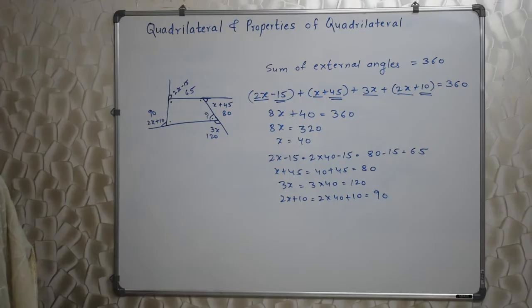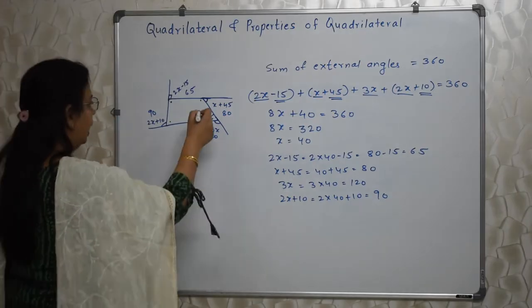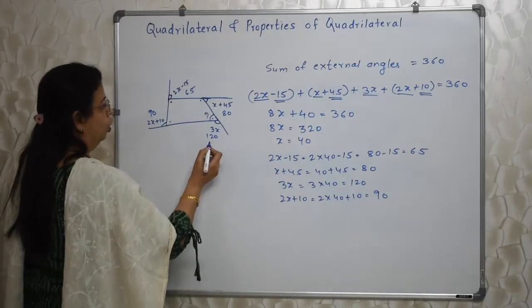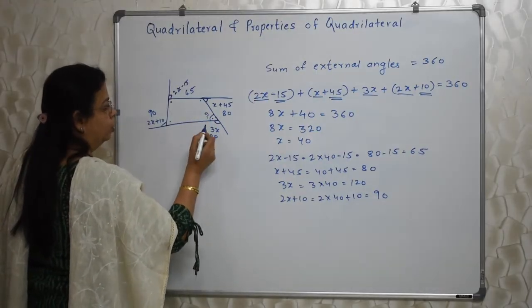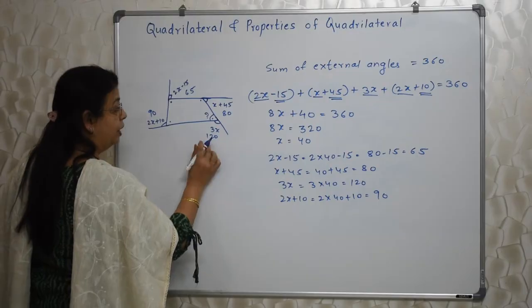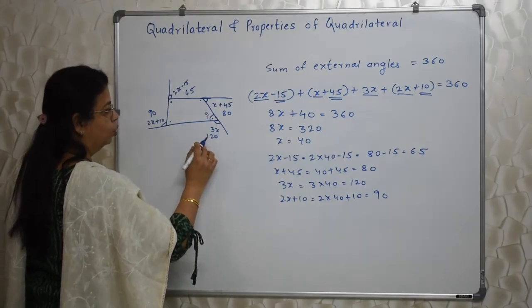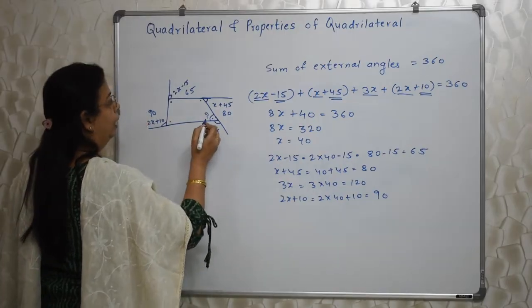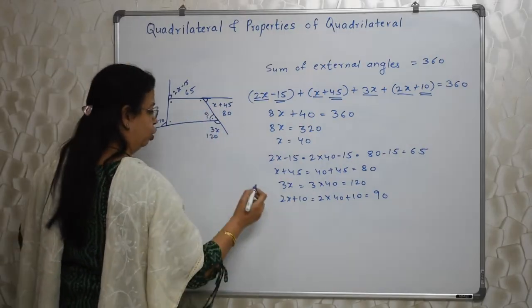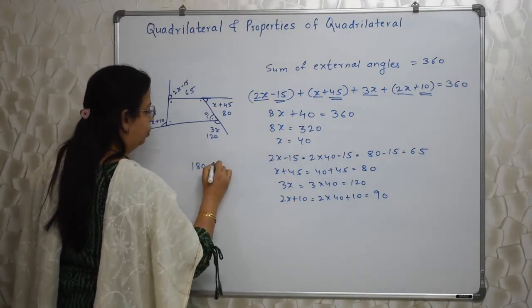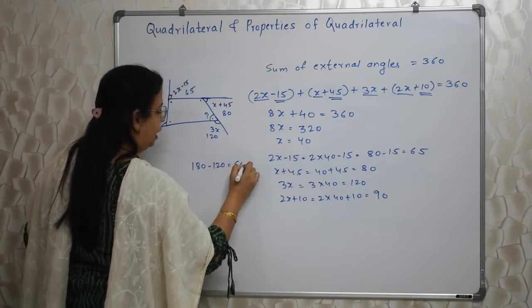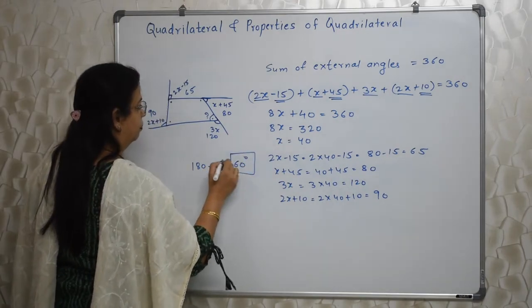They are asking what is the measure of the smallest angle of the quadrilateral, means interior angle here, the one inside. We need the smallest. So we need to find out which one is the biggest exterior angle. That is 120 here. So the interior angle of 120. So 180 minus 120, 60 is our answer.